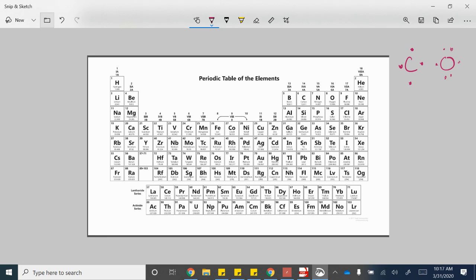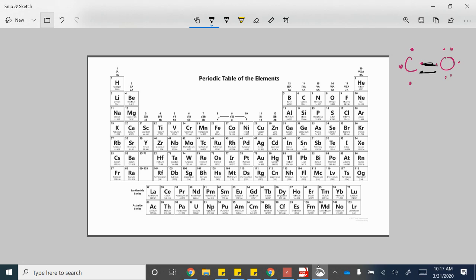So these electrons aren't held in those spots per se. We're going to form a bond between here. And then this electron is actually going to migrate over to this side, and this one will migrate over here as well, and we'll have a double bond right there.